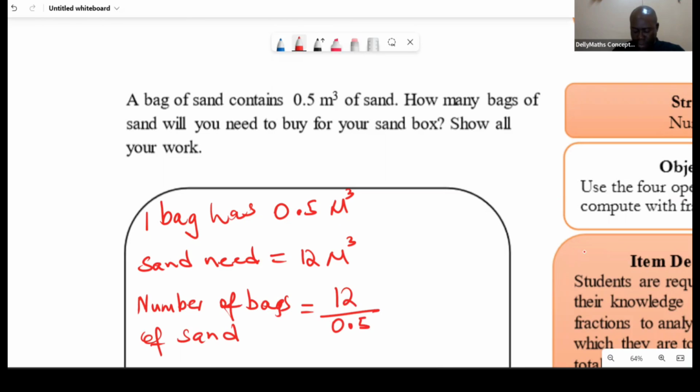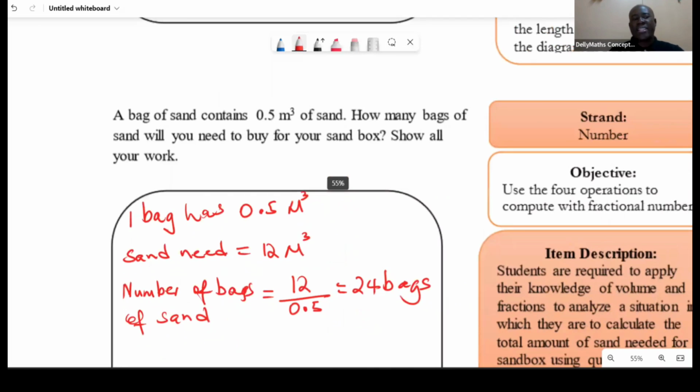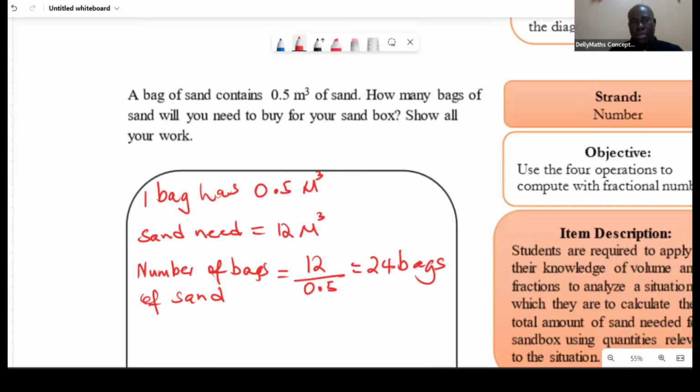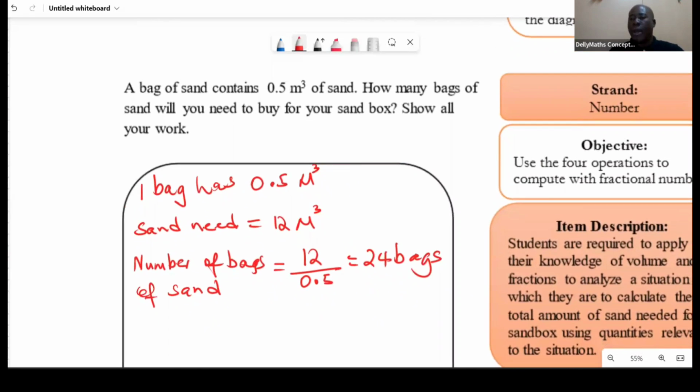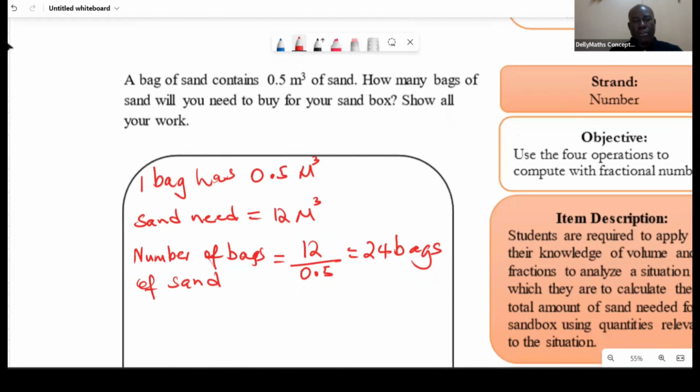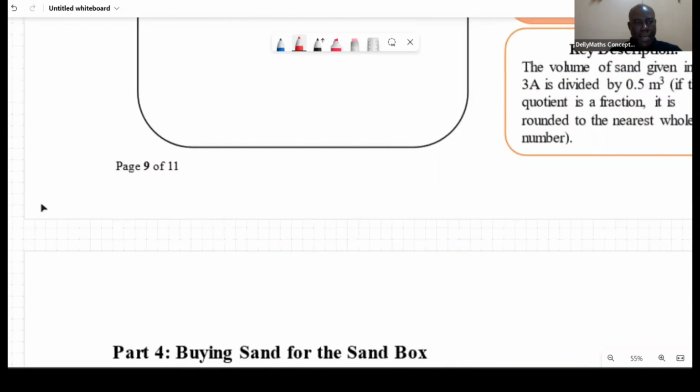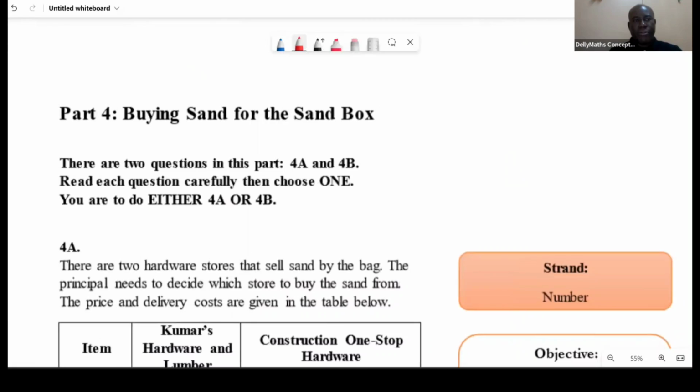And that's going to run us about 24 bags of sand. Mentally you could have done that, because if one bag has half a meter cube and I need 12, I need 24 of those bags. So that's for that. Let's go to part 4.